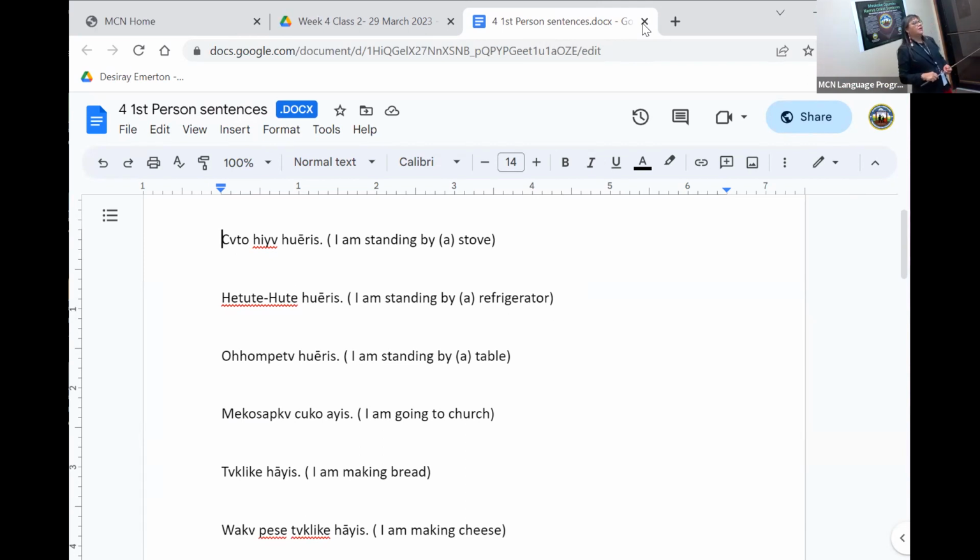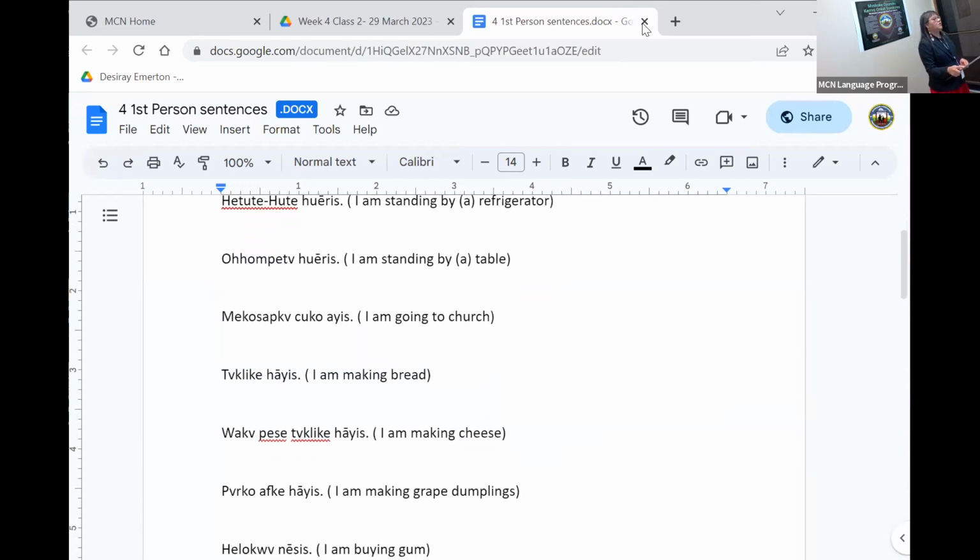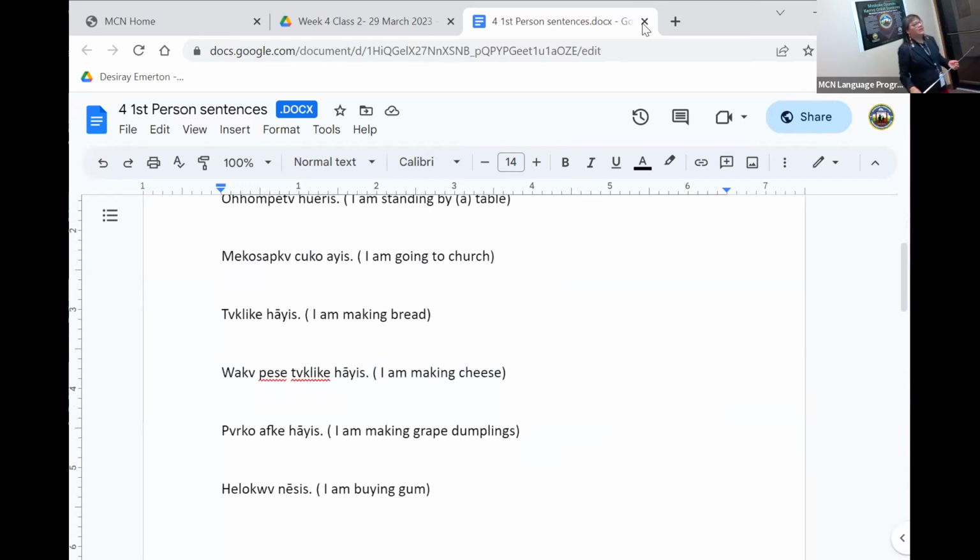I just challenge you guys to sit there and try this. Try to conjugate these things out so you can actually start making sentences. These are simple sentences, but we started from scratch.